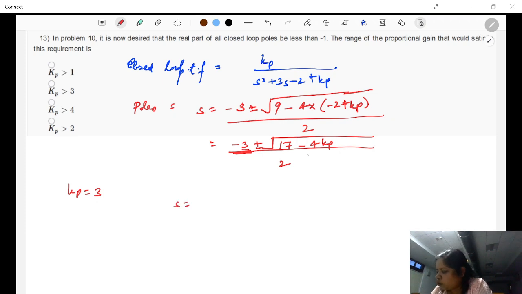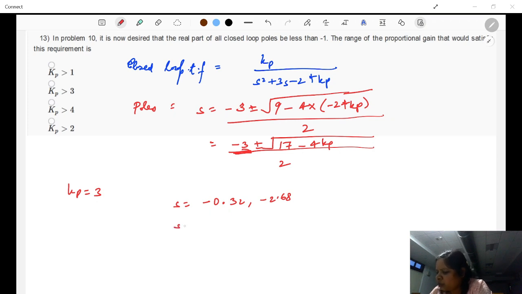When you substitute kp is equal to 3, you'll get minus 3 plus minus under root 17 minus 12 upon 2, so root 5 by 2. So that way you can solve and you would get the poles not less than minus 1. It would be minus 0.32 and minus 2.68. So one of them is not less than minus 1.